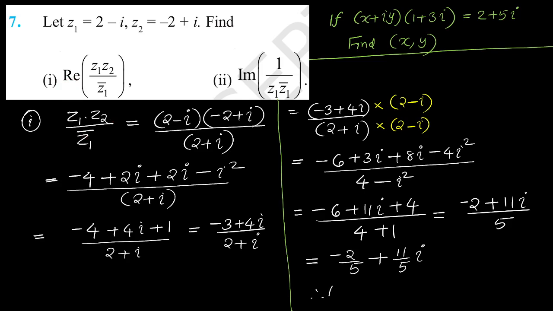In the final answer, what is the real part? The real part is minus 2 by 5. Understood? The first number is the real part. The second number, the coefficient of i, is said to be the imaginary part. But I want the real part, so minus 2 by 5 is the answer.